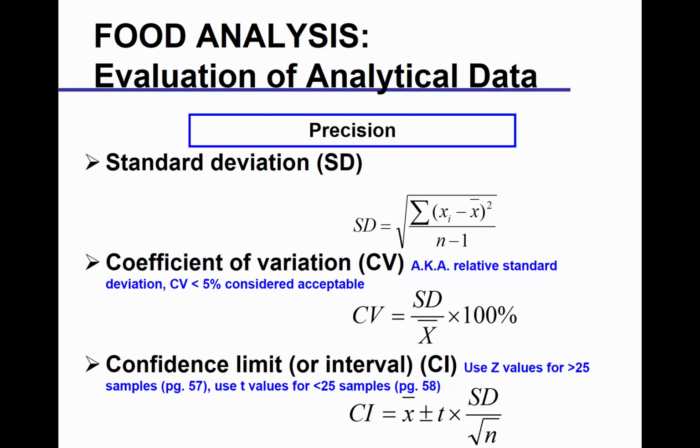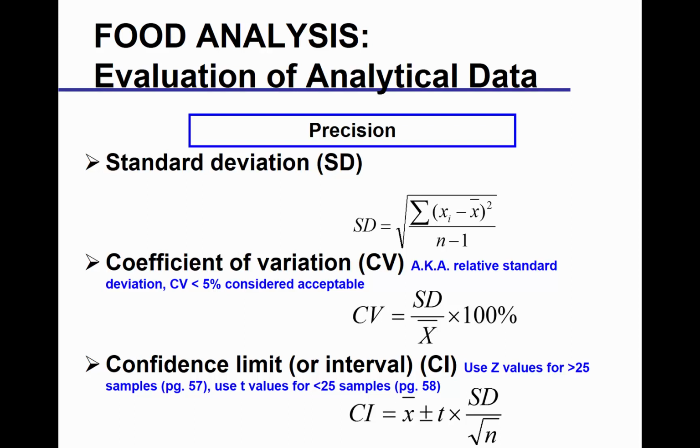Let's say you have 6 replications, so your degrees of freedom will be 5. Then you look at what level of certainty you want, 95, 99, or 99.9, and you get the t-value from that table. Okay?